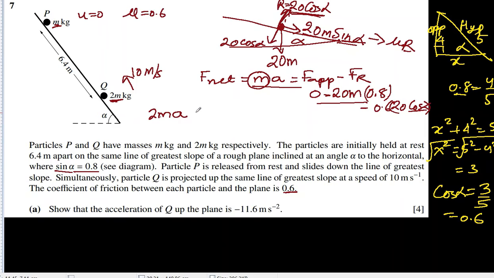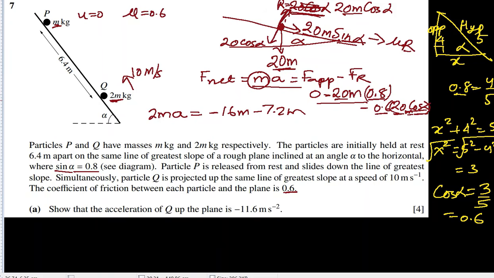Acceleration we have to find out, equal to minus 20 times 0.8, which will be 16, minus 0.6 times 20 times 0.6, which will be 7.2. There is m also. I did not write m here. We need to write 20m cos alpha. That was the normal contact force, because the weight is 20m, so it has to be 20m cos alpha.